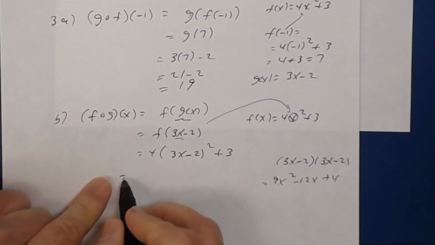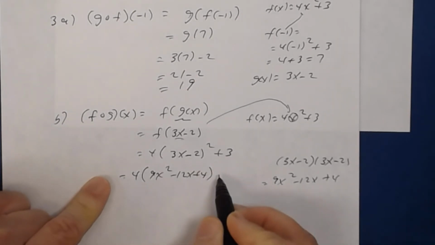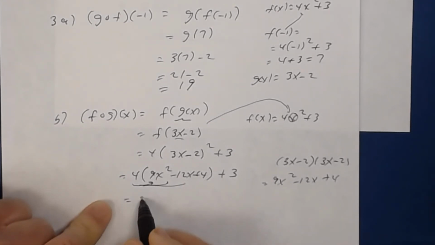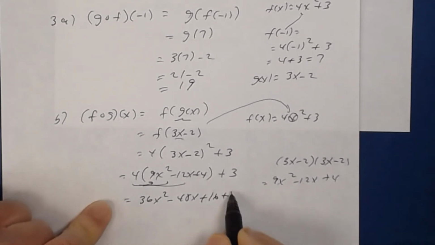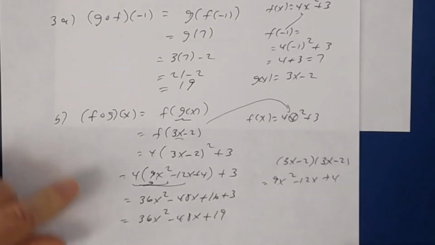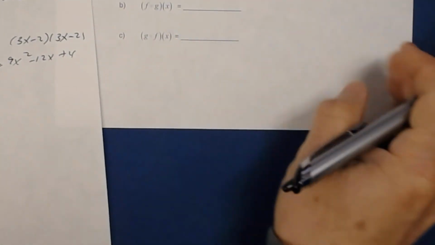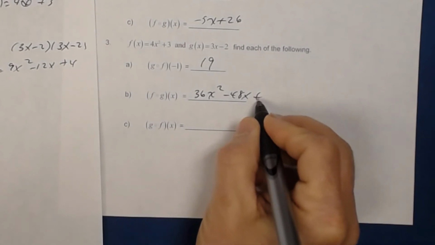So that's 4 times 9x squared minus 12x plus 4, and then plus 3. Distributing, I get 36x squared minus 48x plus 16 plus 3. And so it becomes 36x squared minus 48x plus 19. So that's f composed with g at x: 36x squared minus 48x plus 19.